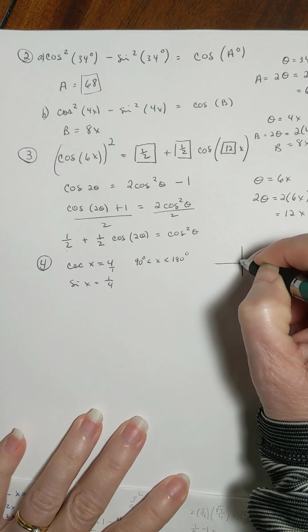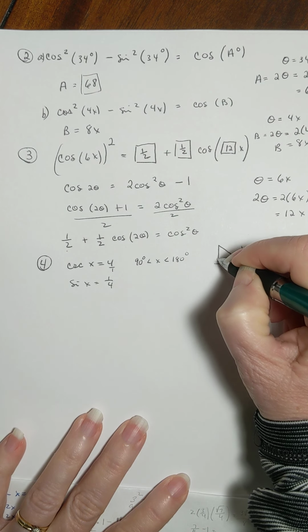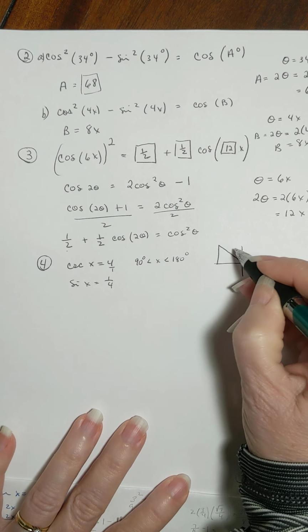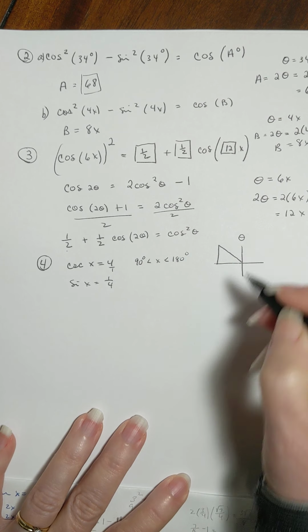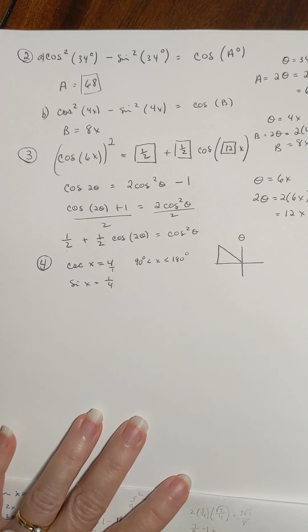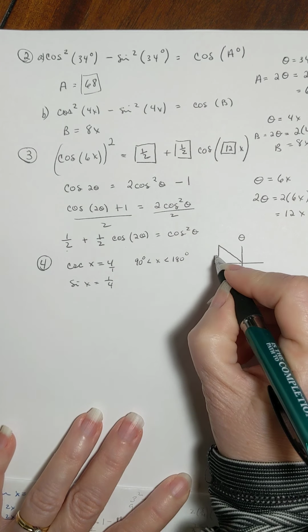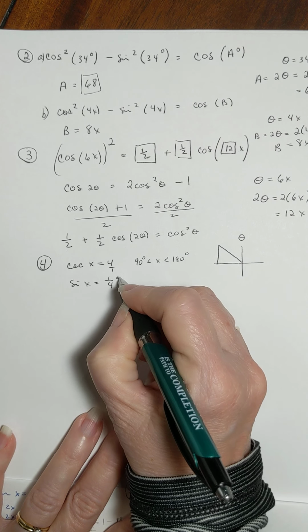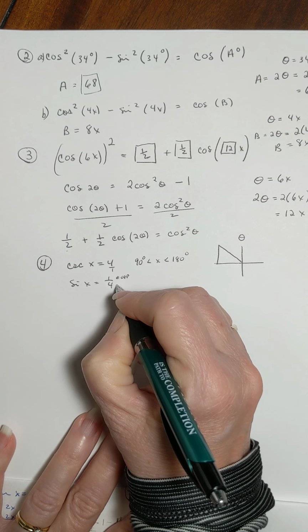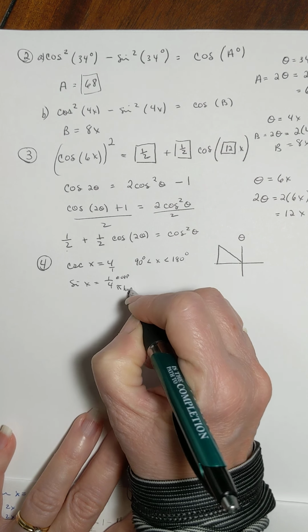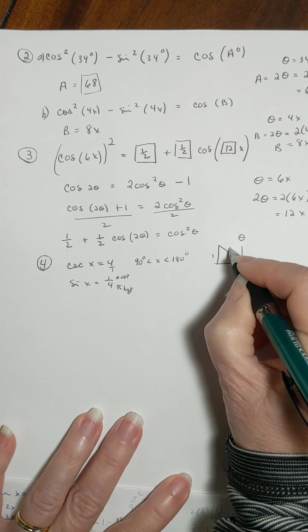All right, so I'm going to draw my triangle in the second quadrant, and this is going to be theta. Now, when we're working with these half angle formulas, well, let's finish up this triangle. So the opposite would be 1, and the hypotenuse would be 4.